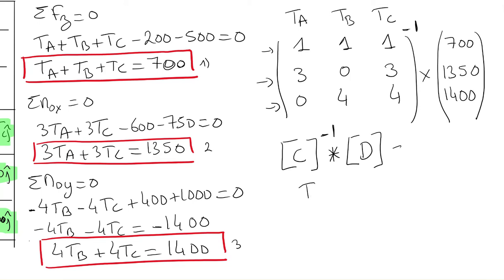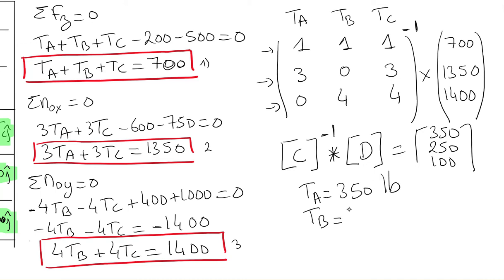So the answer is 350, 250, and 100. Yeah, that's correct. Woohoo! So TA is equal to 350 pounds, TB is equal to 250 pounds, and TC is equal to 100 pounds.